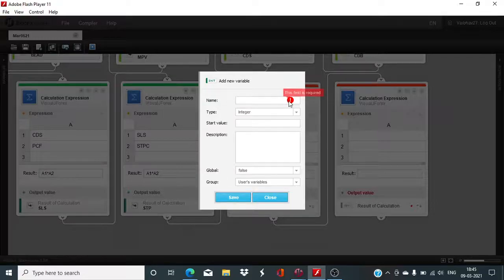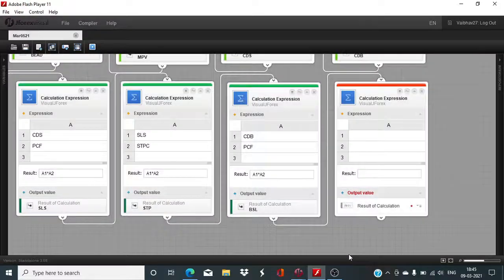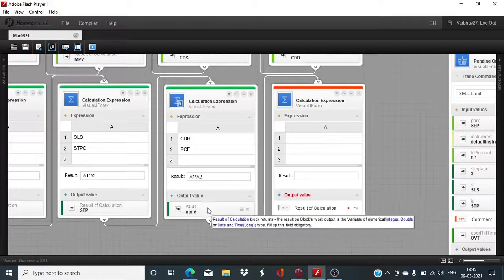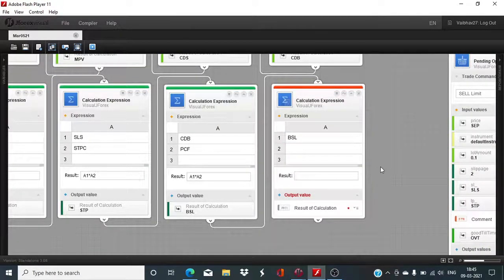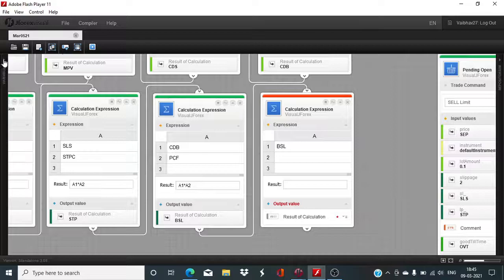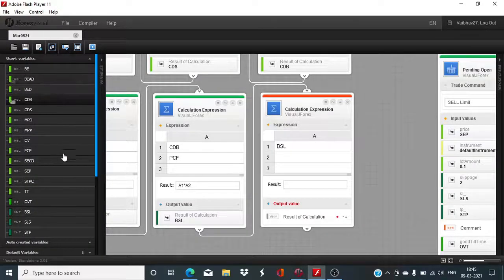This will be the buy stop loss. And then we take the stop loss value and multiply it by 2.